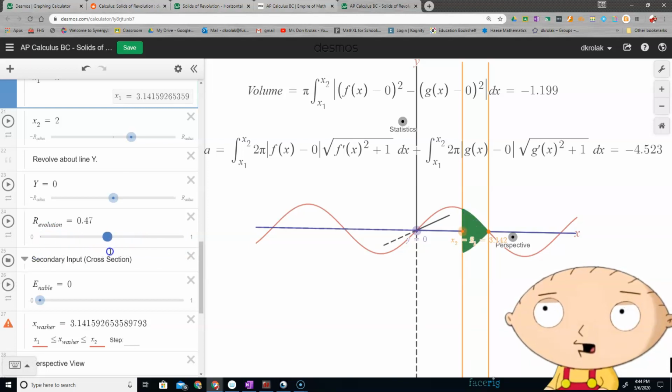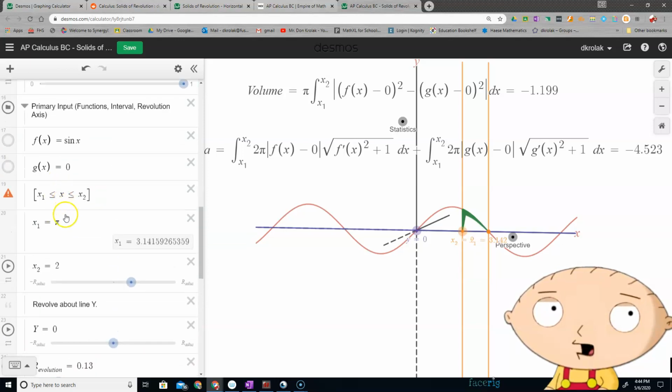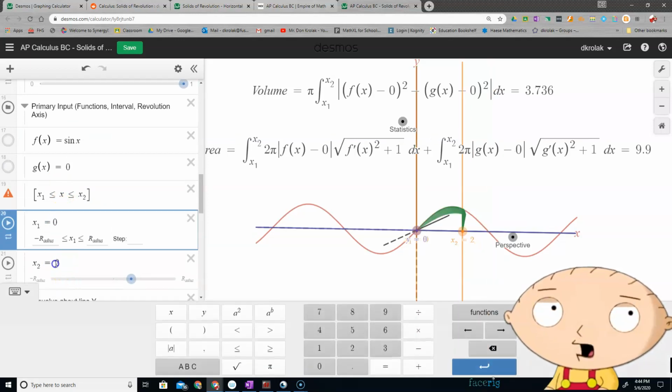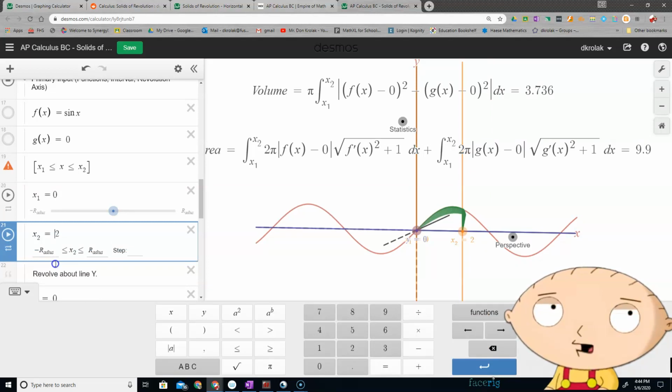Okay, I get this shape. Oh, excuse me, I think I made an error here. This is x1 is 0, and x2 was pi. Terribly sorry.